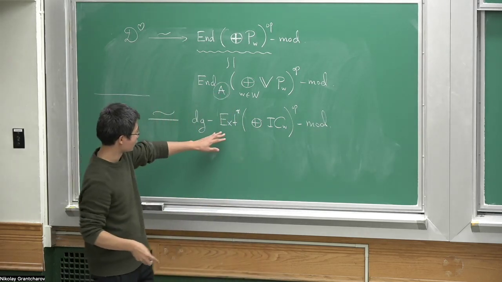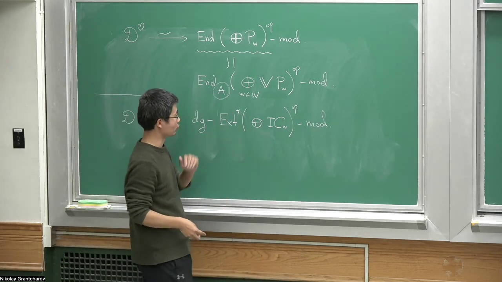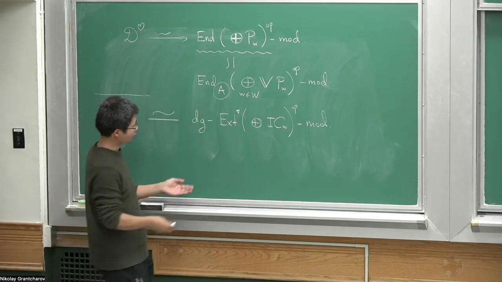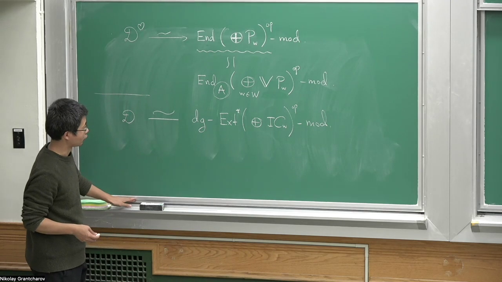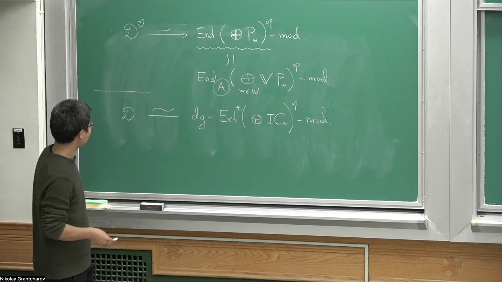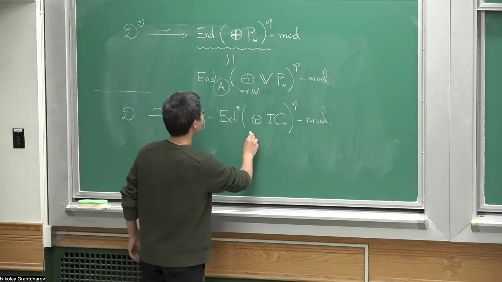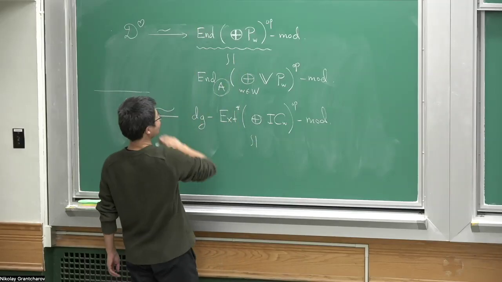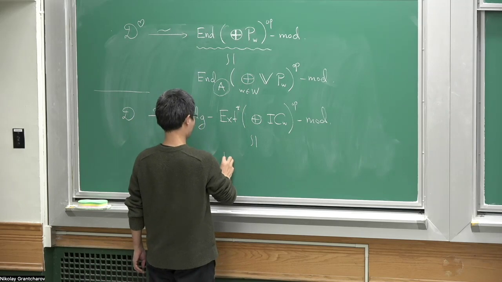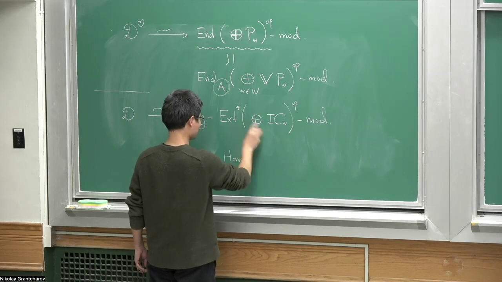So this is a graded algebra with zero differential. That part involves a formality argument. And then, as in here, we use the first Soergel functor to calculate the Ext algebra.